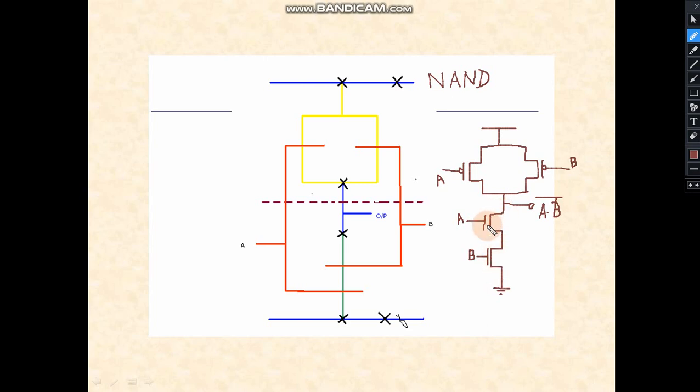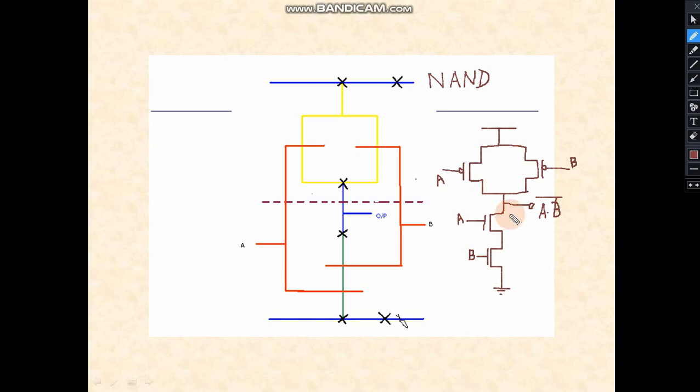In CMOS designing, we have to keep one thing in mind, that first we have to implement the NMOS expression, and the reverse of NMOS we have to implement for PMOS. So if A and B are in series in NMOS, then definitely A and B are in parallel in PMOS. And if A and B are in parallel in NMOS, then A and B must be in series in case of PMOS.